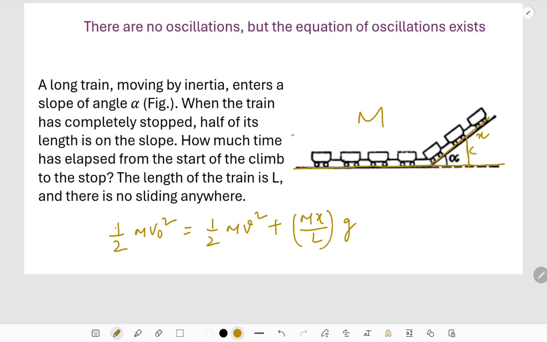This is a perpendicular, so the height reached by it can be written as x by 2 sine alpha. So this is the potential energy of it.